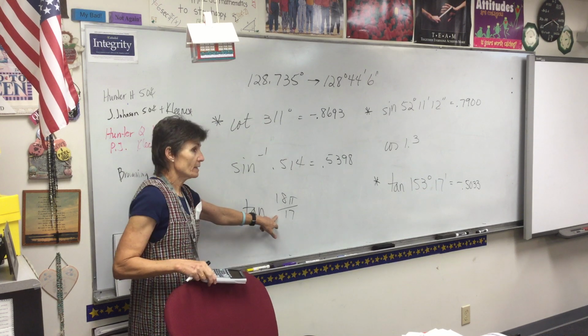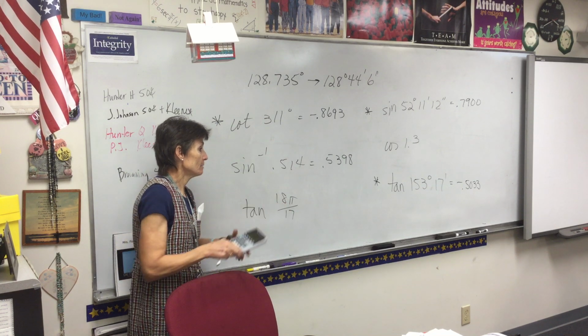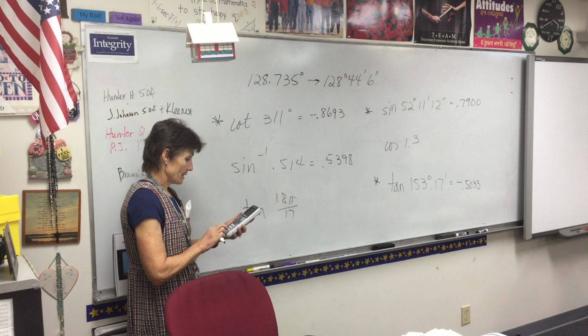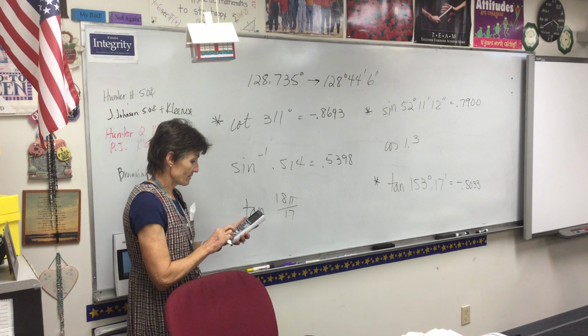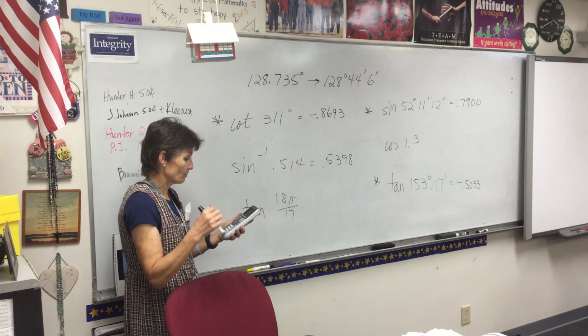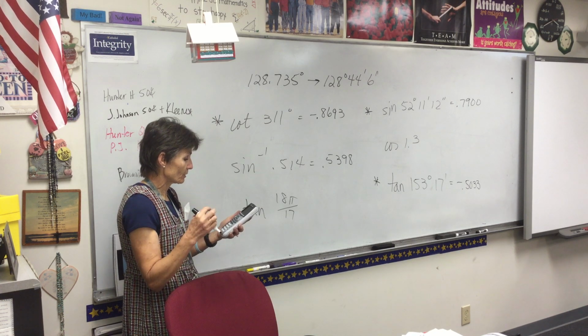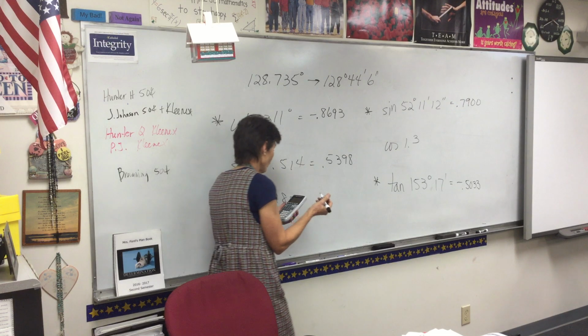Now when you type this one in, make sure you're using the pi button. You're going to type tangent 18 pi divided by 17, actually using the pi button, which is second caret, right under your clear. Did you get 0.1869?